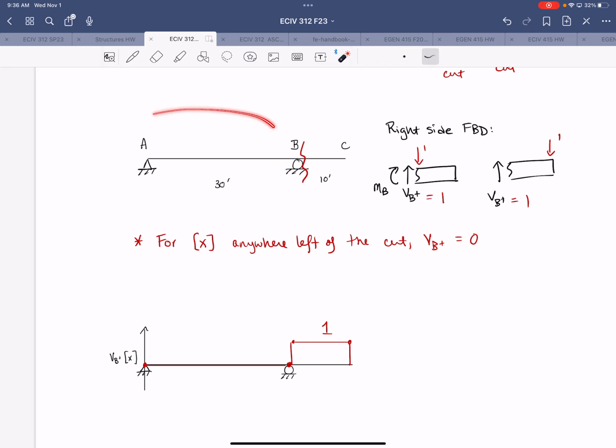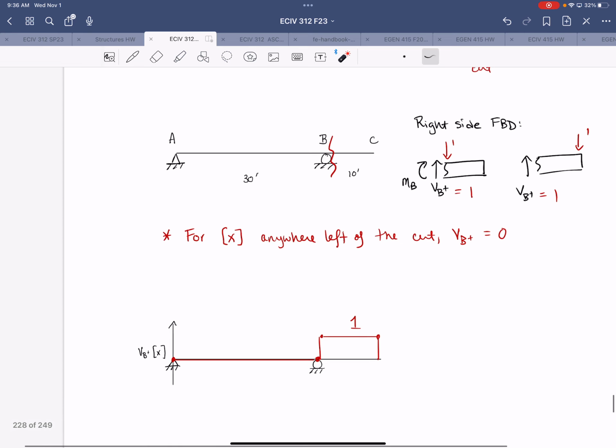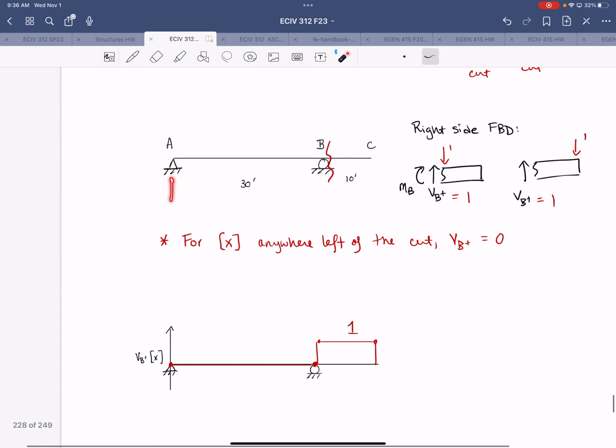Now you can verify this if you want to practice using the left side of the cut. It'll be more work, but you'll reference the reactions at A and B as the unit load changes position, right? And what you'll find is that when the unit load is at A, your reaction here is 1, your reaction there is 0, right?